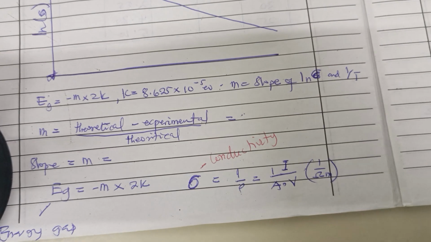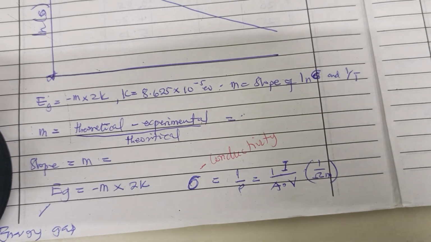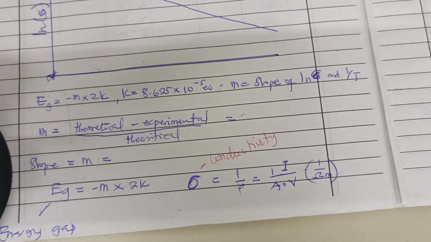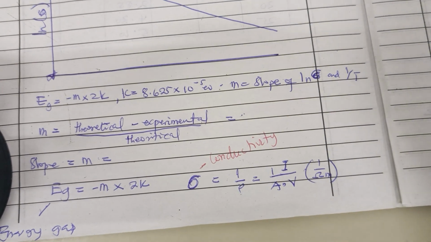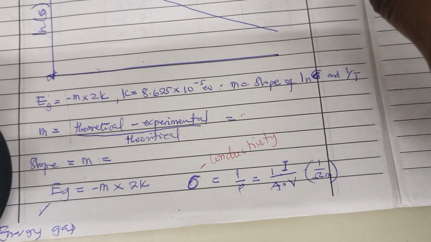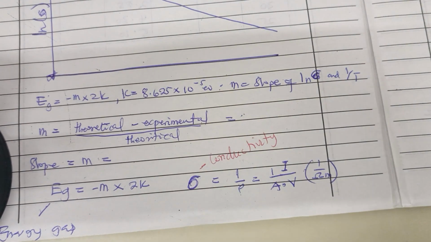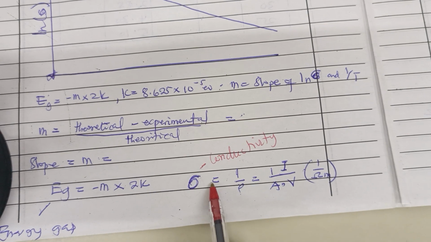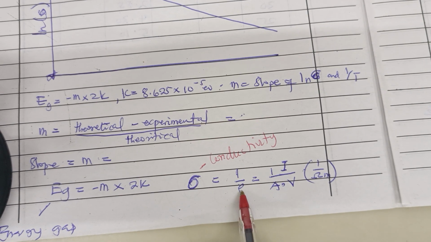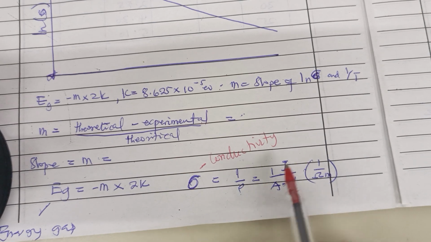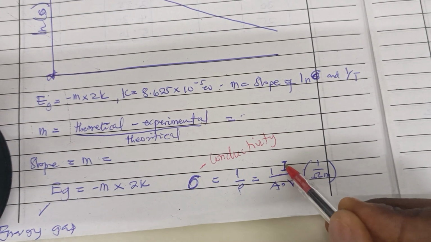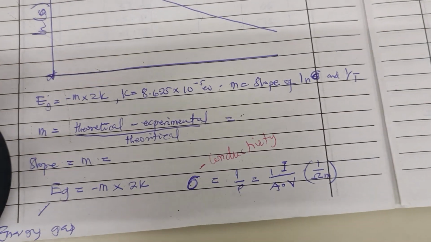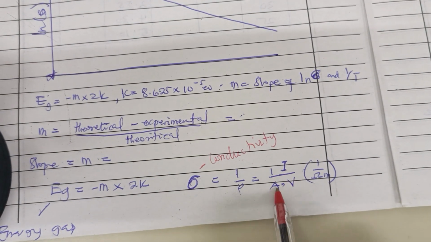Anytime you have cross-sectional area, voltage, current, and length, you are expected to find conductivity or resistivity. So the inverse of resistivity will give you conductivity. So that's what we have here, conductivity, which is 1 over resistivity. This resistivity is the same as the length times the current over the area times the voltage.